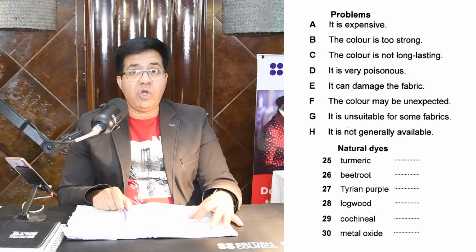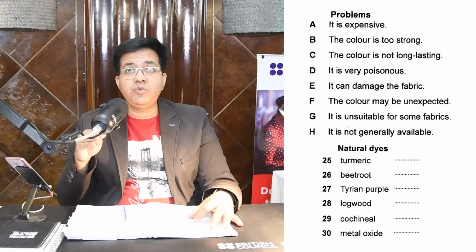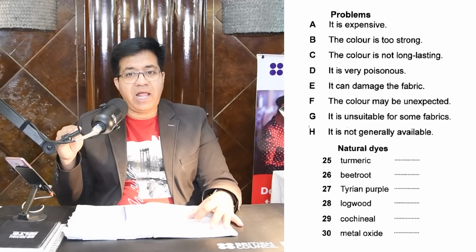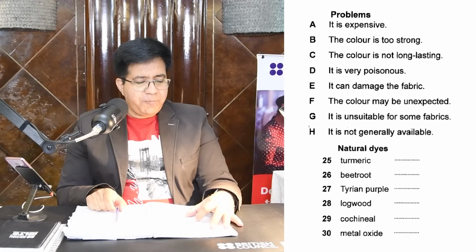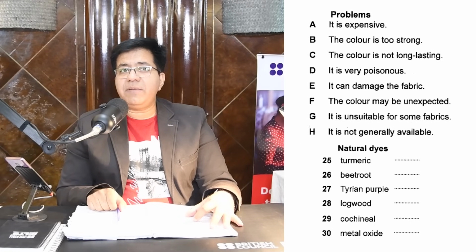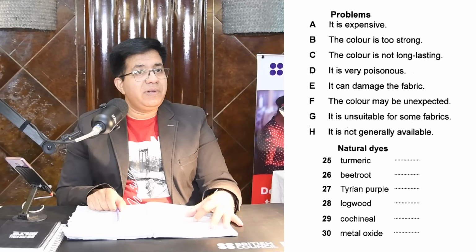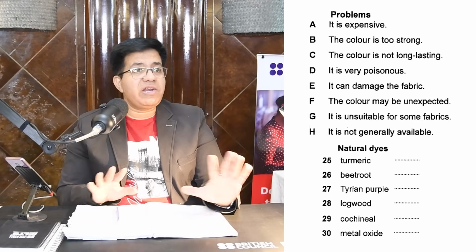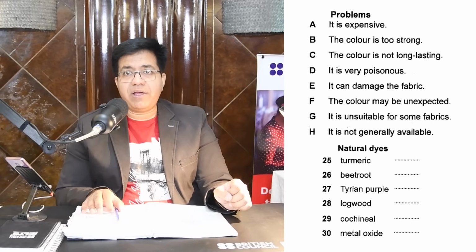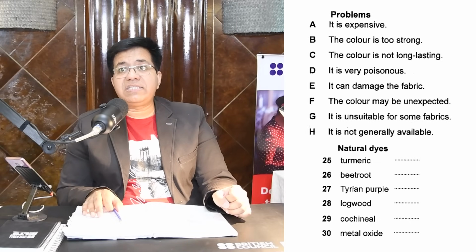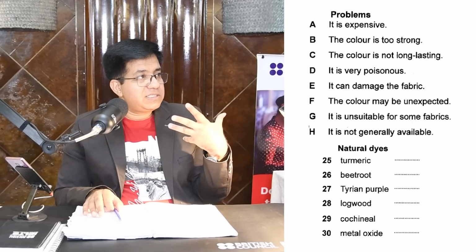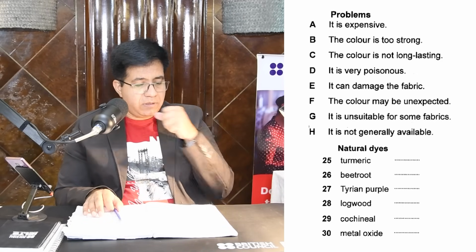For example, not good for cotton or not suitable for cotton or for nylon and all that. Option H, not generally available. Now, not available means rare. R-A-R-E, rare. When something is not available, it is rare, not generally available. Like we use the word rare breeds of animals, which are not available everywhere.